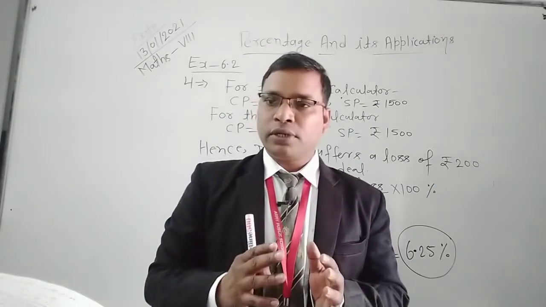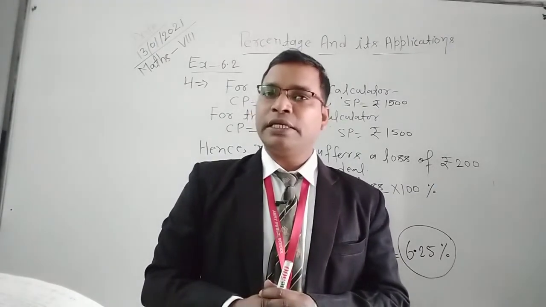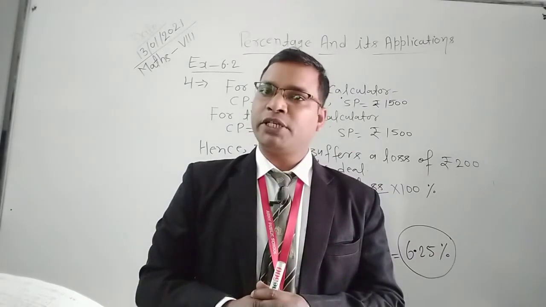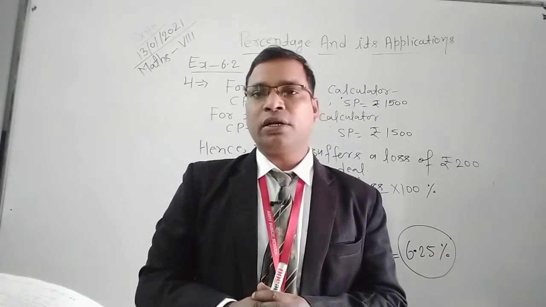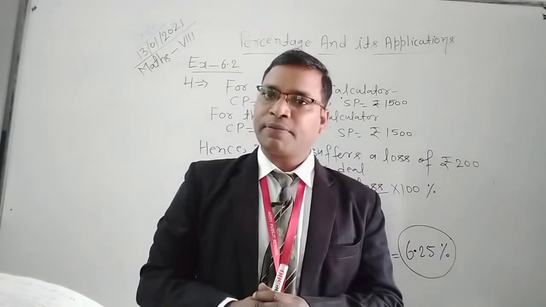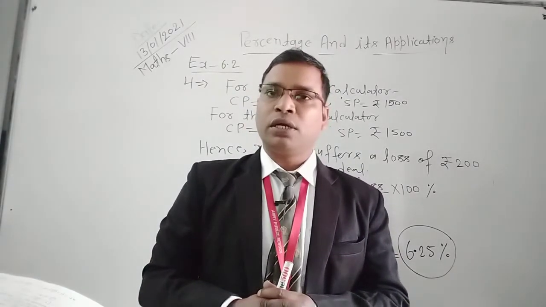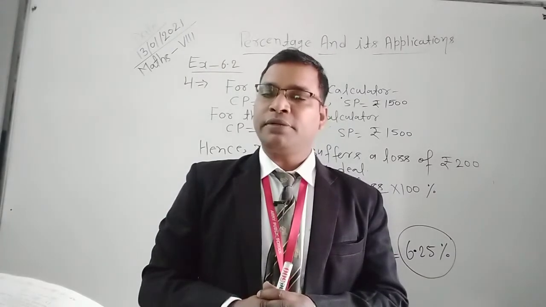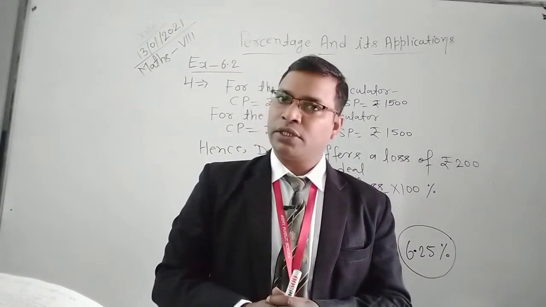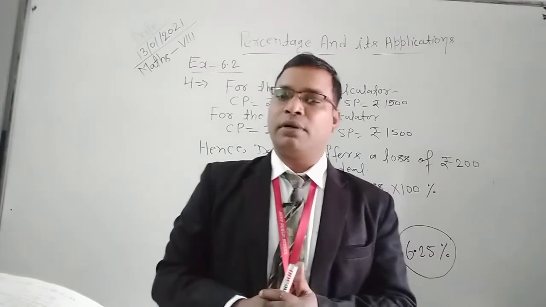Okay. So in this question, first you find cost price of the bag. Selling price and the loss percentage are given here. So you use the formula, CP is equal to SP into 100 by 100 minus loss, and in this way we find the cost price of the bag.